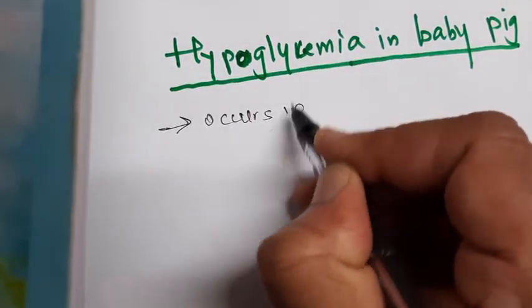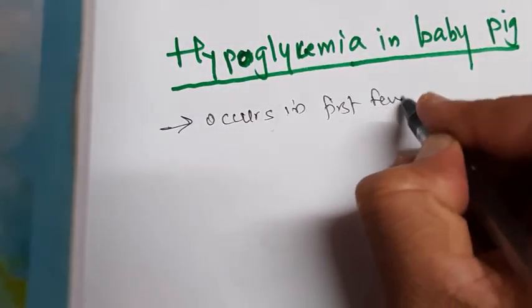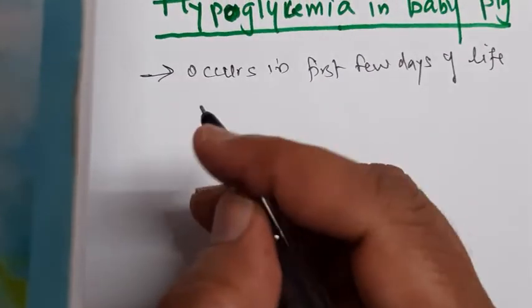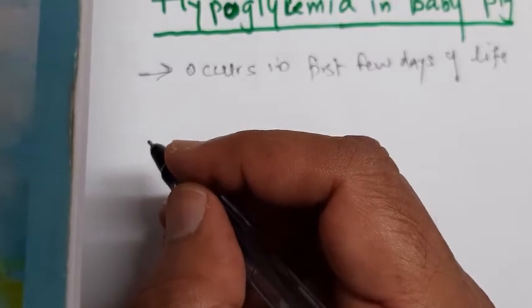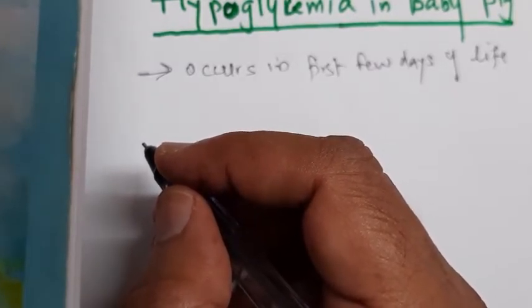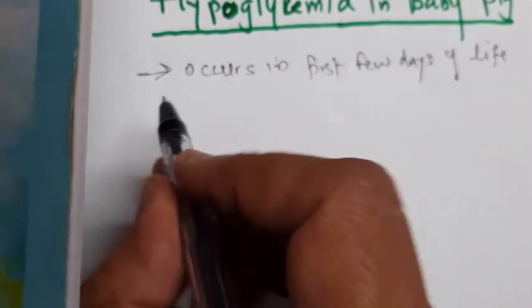It occurs in the first few days of life, isn't it? Second thing, in newborn pigs at birth the blood sugar level is generally low.